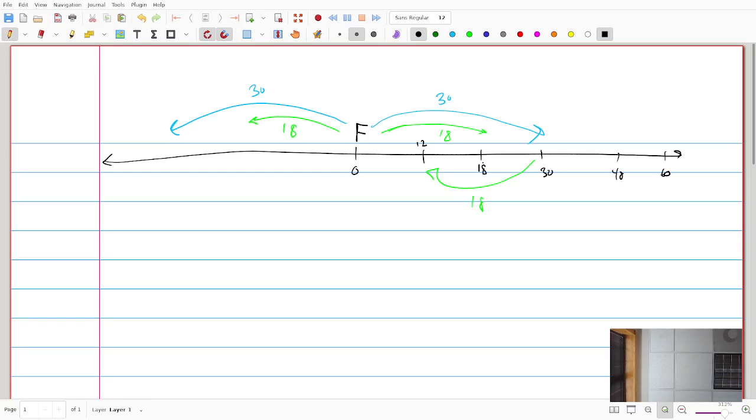So can it reach 6? That doesn't prove that it can't reach 6, but it can get to -6. Okay, how could it get to -6? Oh, you mean go here to 12 and then just jump 18 again? Okay. Yeah, good. I agree. So let's do another 18 here. That is -6. So can it reach +6?